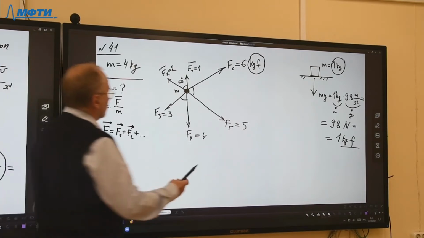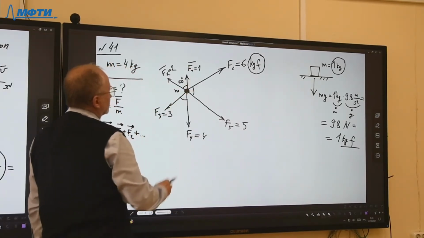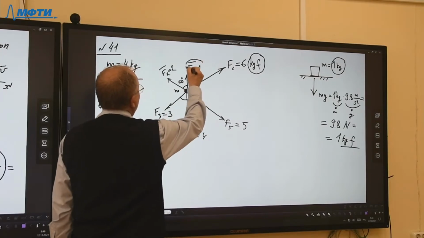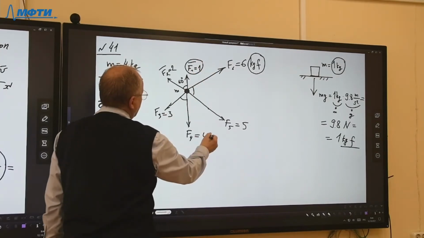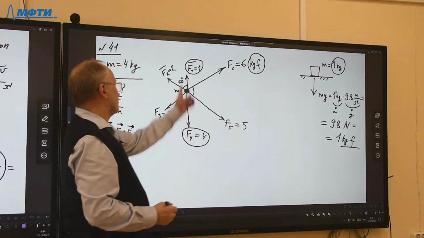For example, if we consider forces acting in the vertical direction, there will be only 2 forces, F1 and F4. And these 2 forces have different directions.